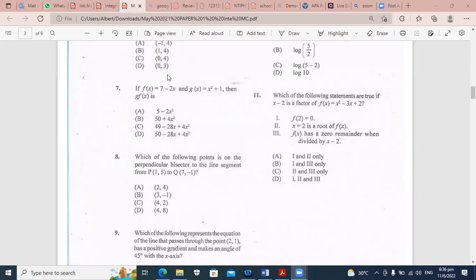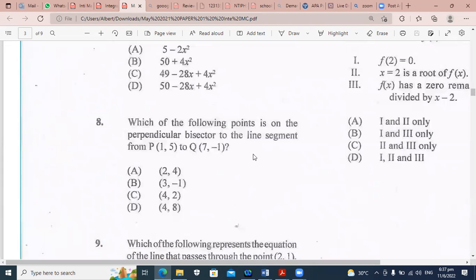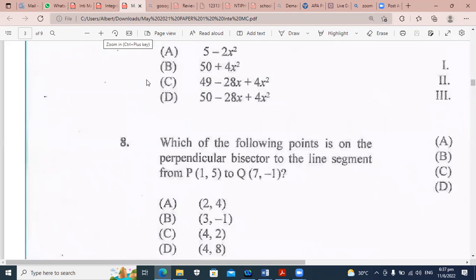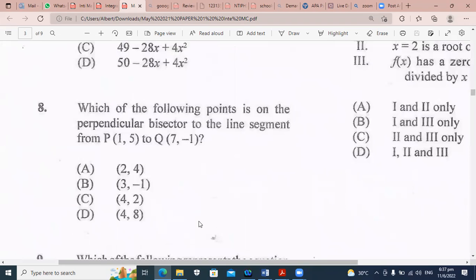Let's look at 8. If it's multiple choice, it's straightforward. Let me illustrate what's happening.